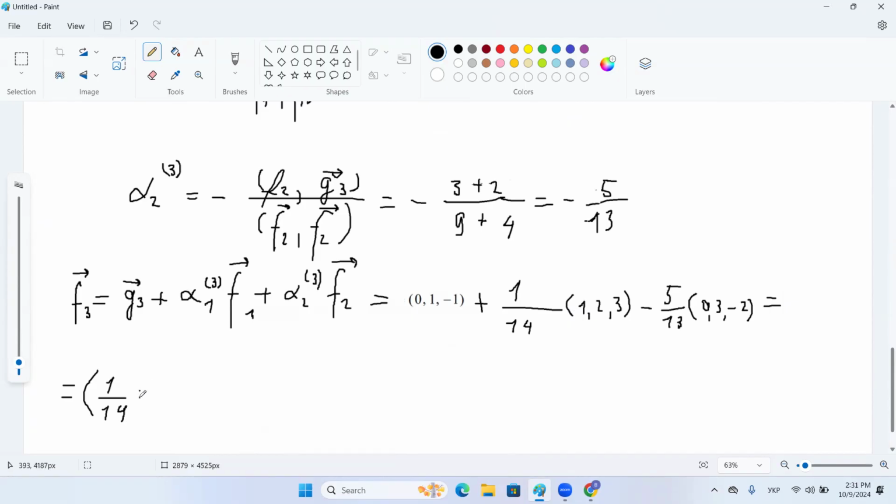Okay, and then 2 divided by 14, and 3. Oh no, 2 divided by 14 minus 3 divided by 13.